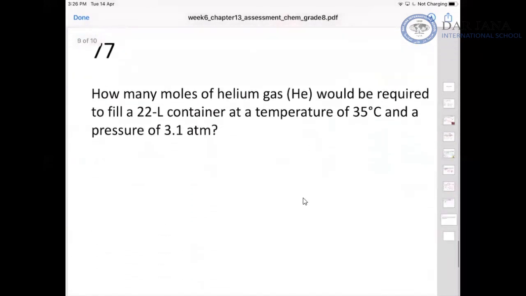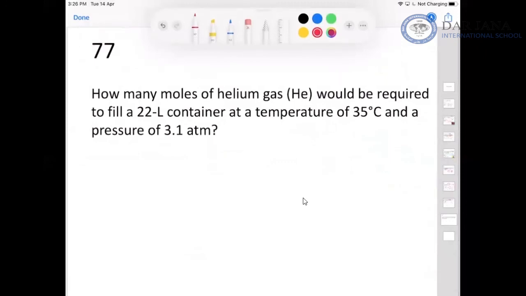Now let's move to number 77. How many moles of helium gas, so they wanted to find the number of moles here, would be required to fill 22 liters. So this is the volume at a temperature of 35 degrees Celsius. Again, you have to convert it into Kelvin.